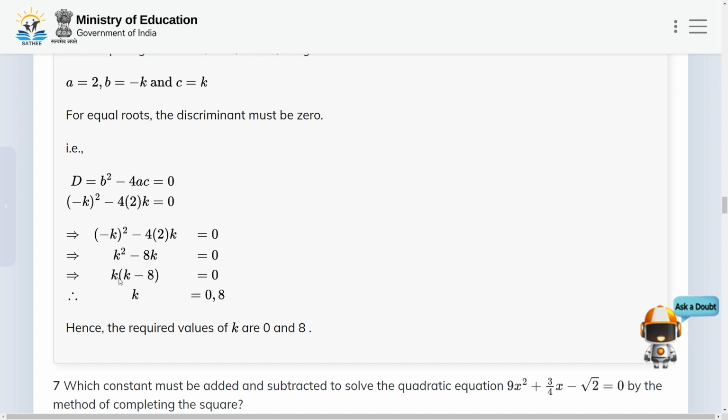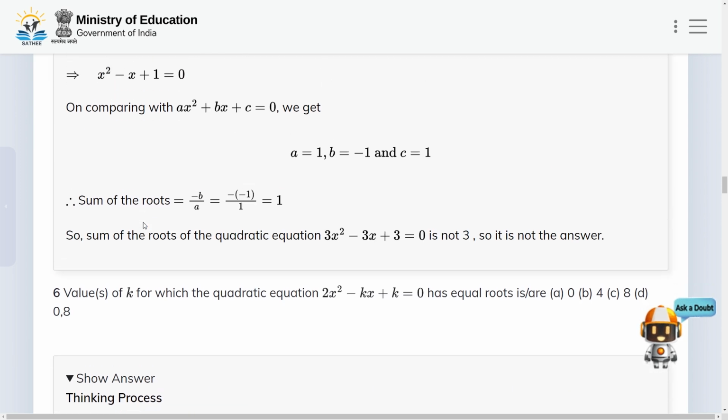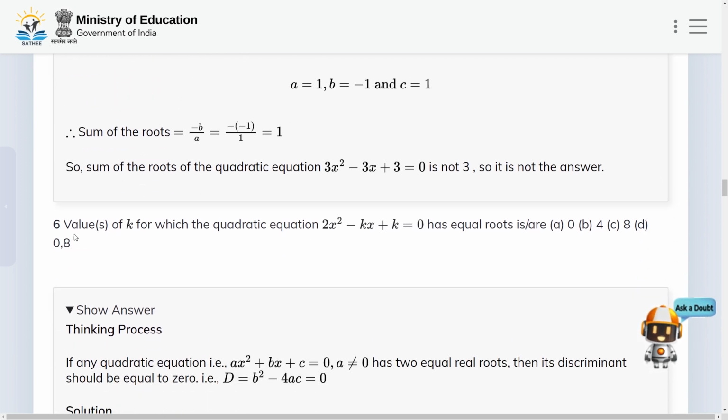Hence the required values of k are 0 and 8. So in option D we have the values 0 and 8. So for this question the correct answer is option number D.